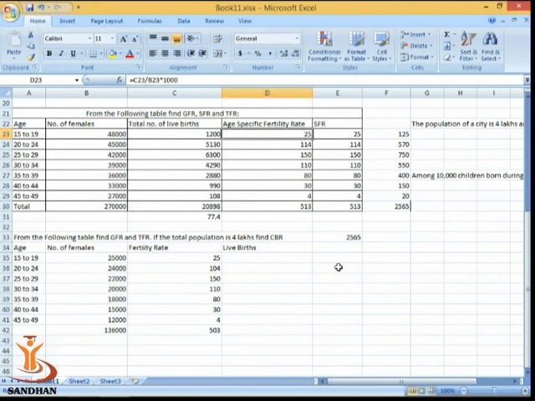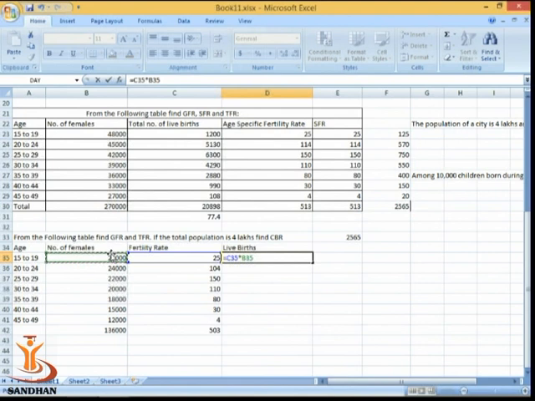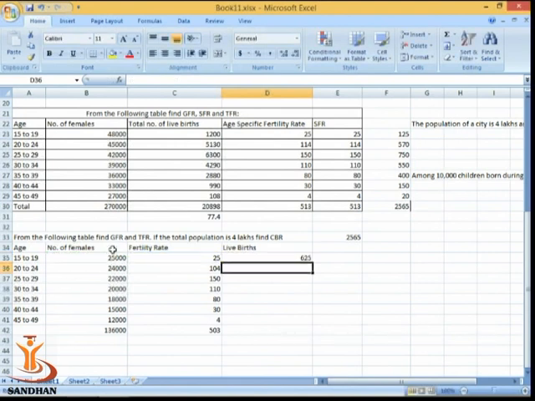So now I am having already SFR. So if SFR is multiplied with that age group population and divided by 1000, then we will get live births, means fertility rate multiplied by female population divided by 1000. We will get live births.